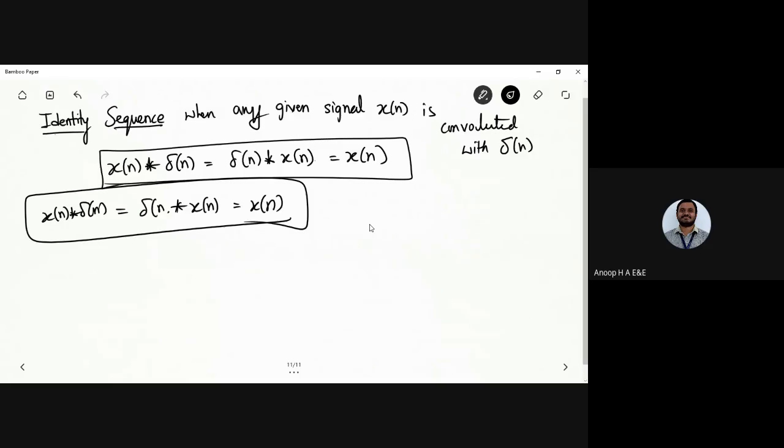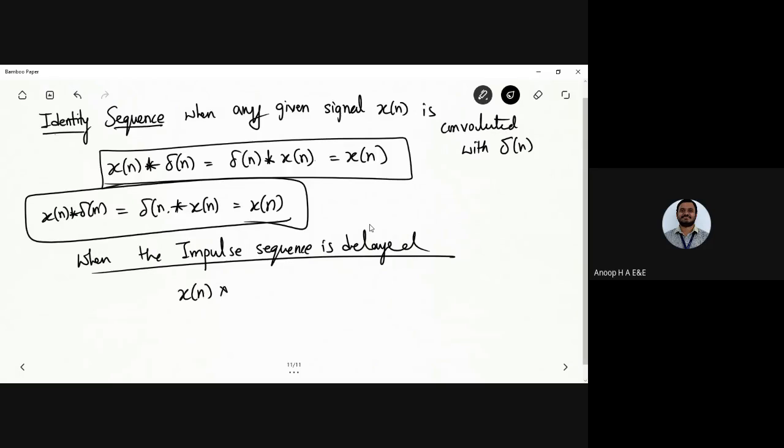Okay, so now the next one requested is the convolution of a delayed input signal. When the impulse sequence is delayed, x of n convoluted with delta of n minus k would be equal to x of n minus k.